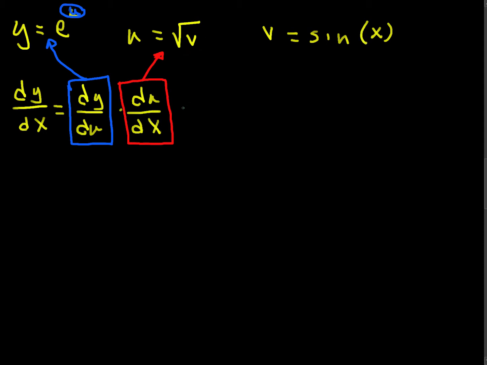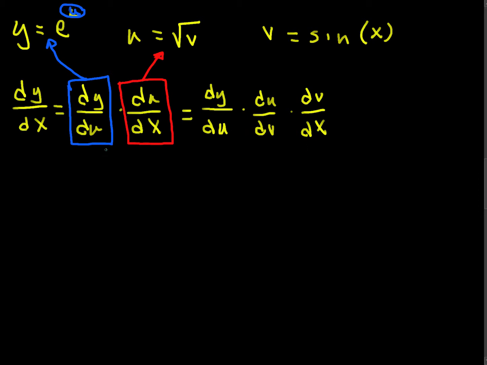So rewriting this, this is dy dx equal to dy du times du dv times dv dx.